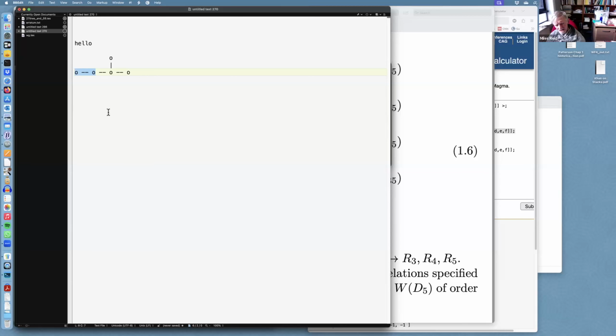So D5, and its order is 1920, which is 2 to the 4th times 5 factorial. Next week I'll be adding 1 vertex here to get E6.